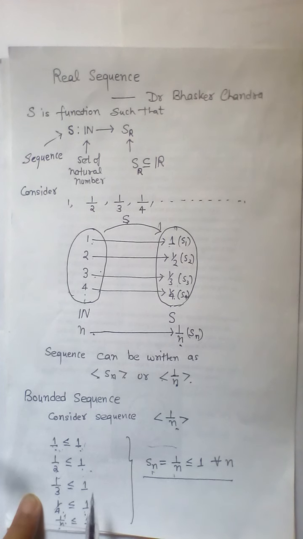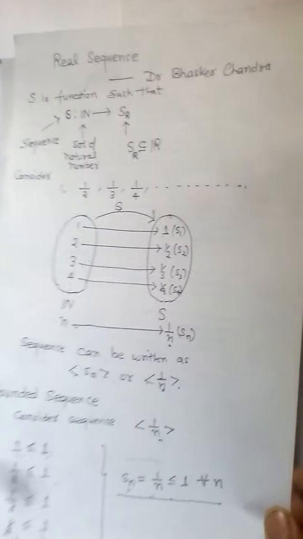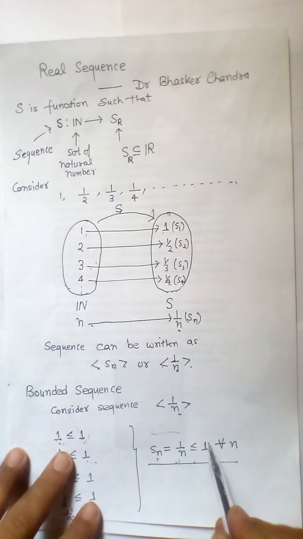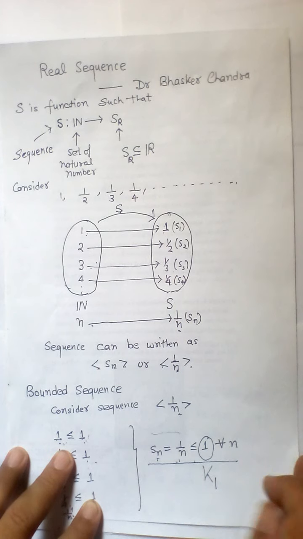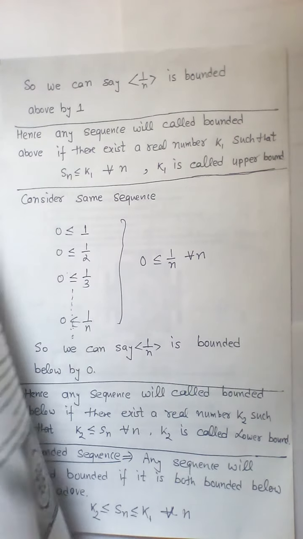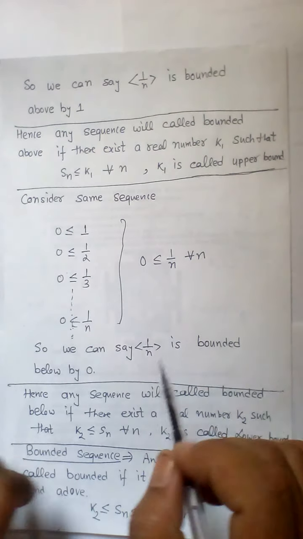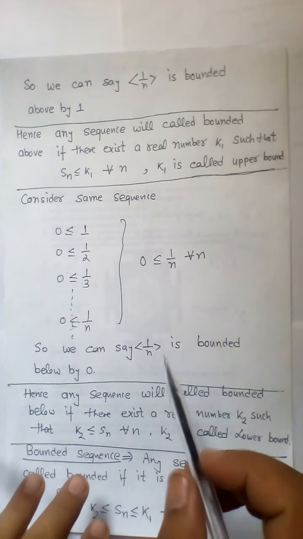So we can say that this sequence is bounded above by 1, and this special term is denoted by k1. Now we can define the meaning of bounded above.